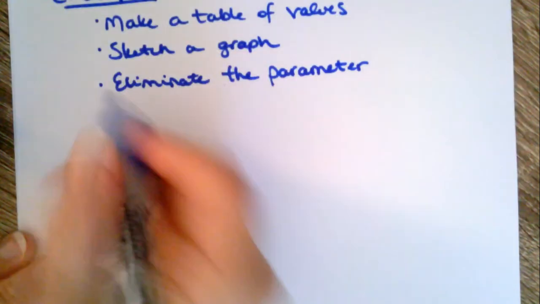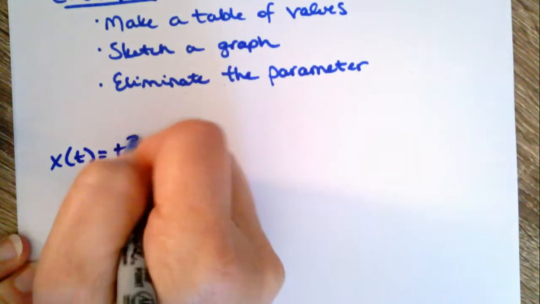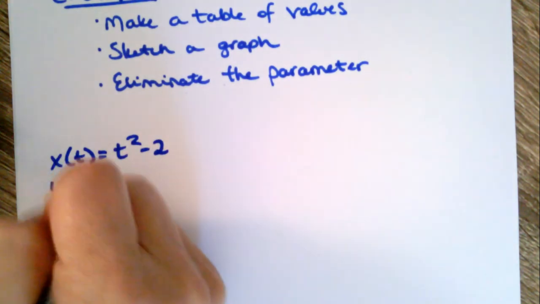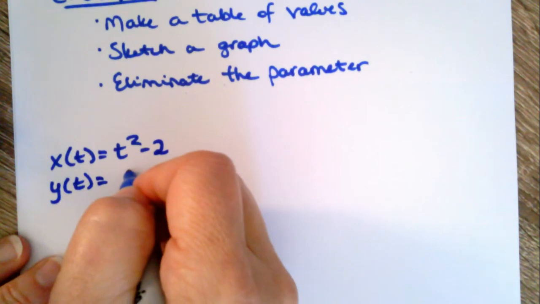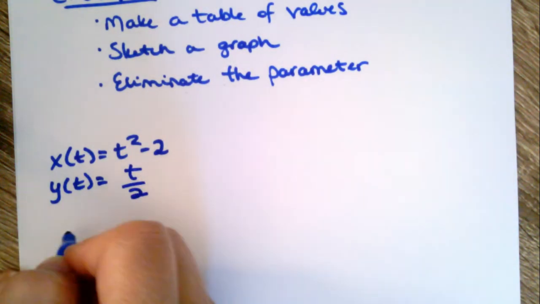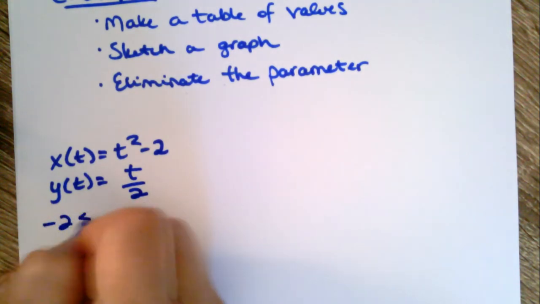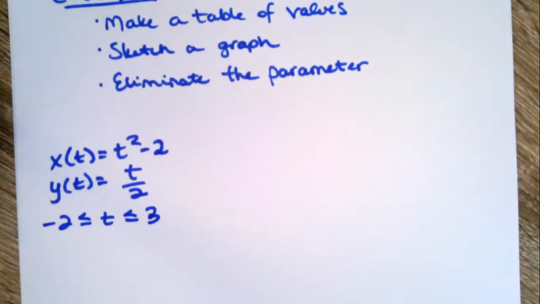So our first example, x of t is equal to t squared minus 2, and y of t is equal to t over 2. And we're going to limit the parameter t from -2 to 3.